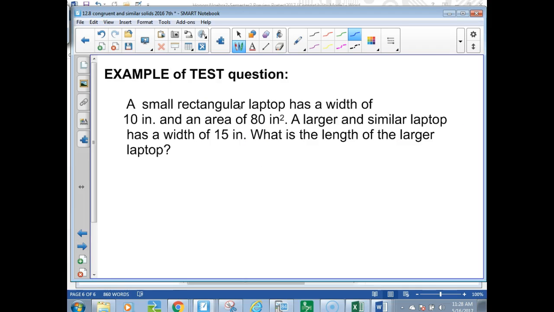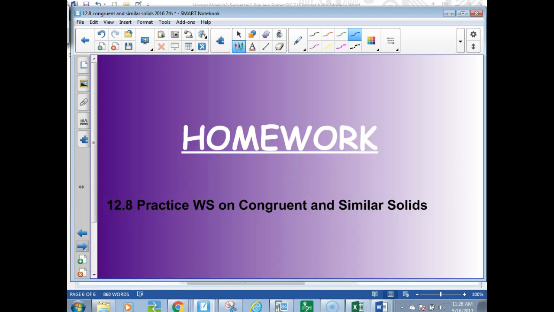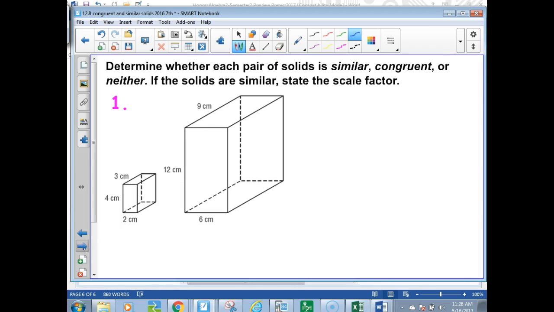Okay, so let's try another one. Well, let's see, that wasn't on your paper. These are all the questions on the back of this worksheet where you had the examples. You're going to determine whether these are similar, congruent, or neither, and give the scale factor. That's when you just compare the ratios.